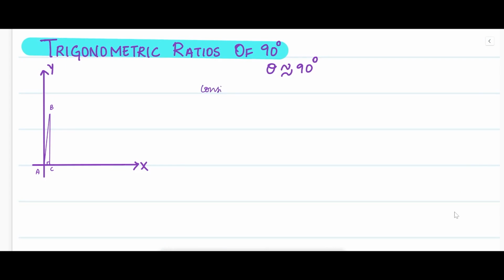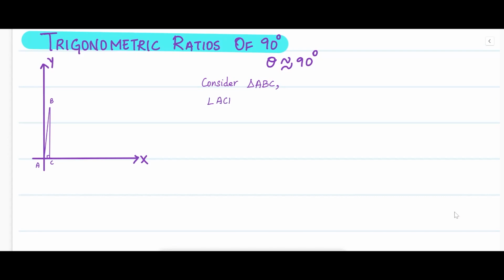When we consider triangle ABC, our angle ACB, that is our angle C, is equal to 90 degrees, and our angle A, which is CAB, is almost equal to 90 degrees.